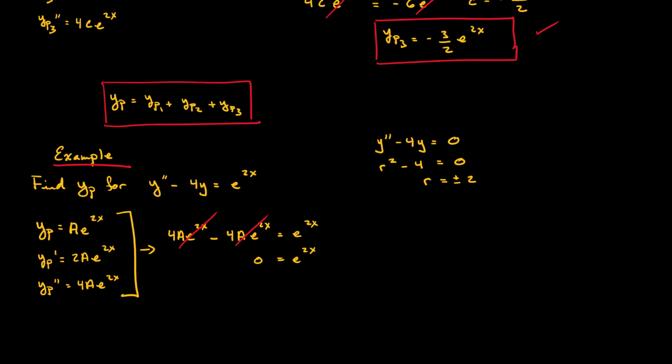So we know that for two real and distinct roots, we're going to have y1 equal to e to the 2x, and y2 equal to e to the negative 2x. So whenever we substitute e to the 2x into the left-hand side over here and take its derivative, the result is going to be 0. So we can never use e to the 2x and obtain a non-homogeneous term on the right-hand side.